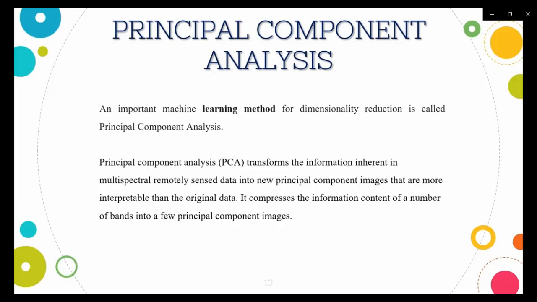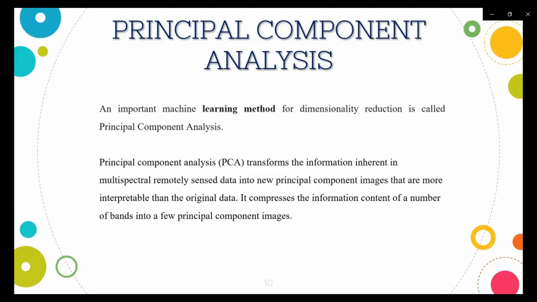So generally, the principal component bands are three, where the first band consists of around 97% of the information, the second band around 3%, and the third band almost 1%.